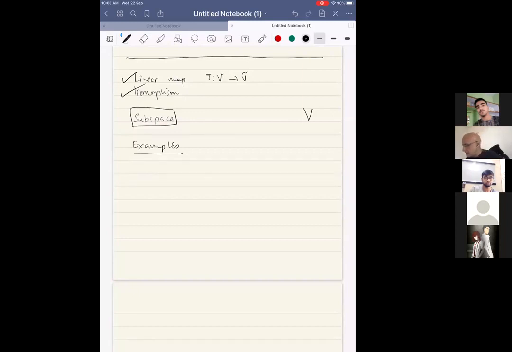So now, what is a subspace? First of all, it's a subset W of V, and it is itself a vector space. But not every subset of a vector space is a subspace. So what is it that makes a subset of a vector space a subspace?